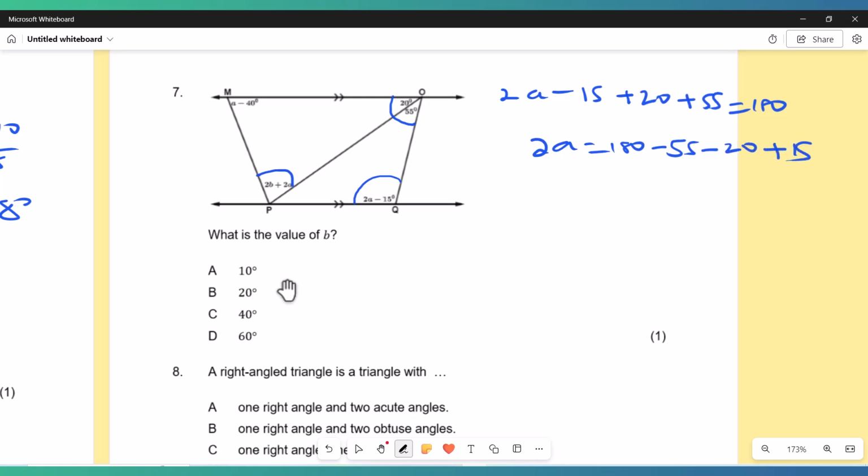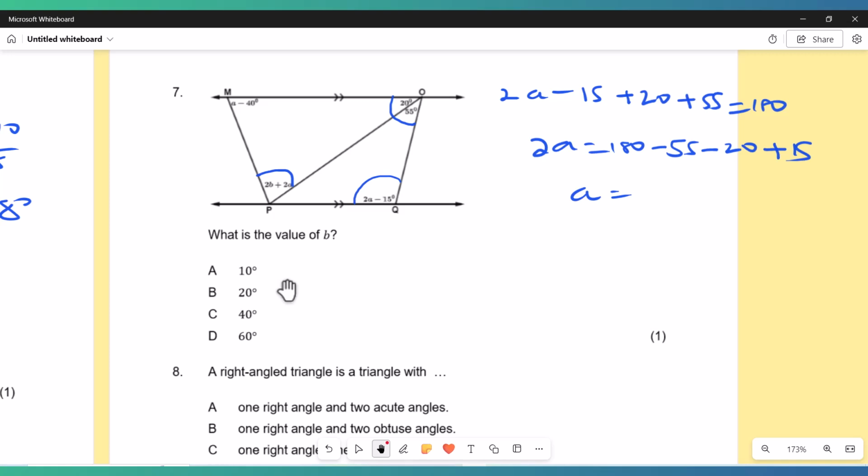If you divide it by 2, what does the answer become? Let's check it out. 180 minus 55 minus 20 plus 15, then divide by 2, gives us 60 degrees.